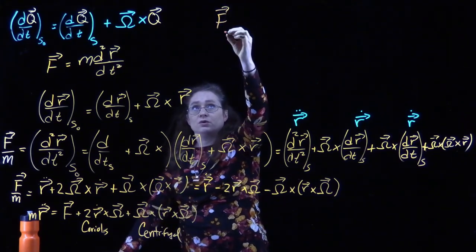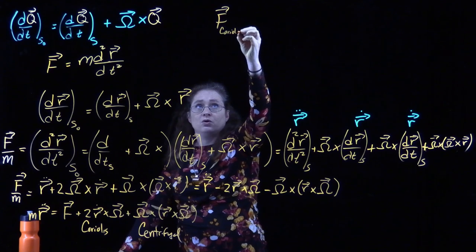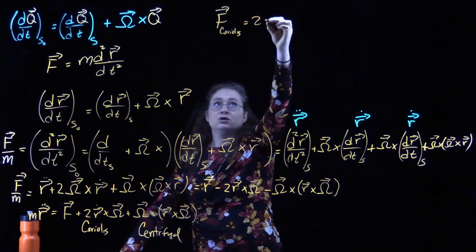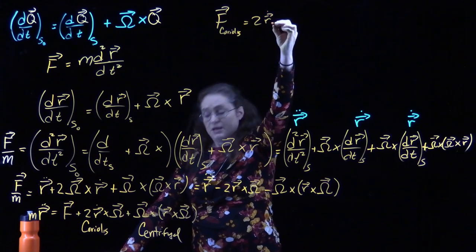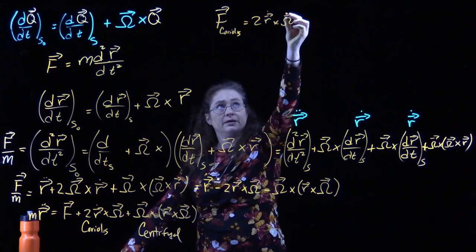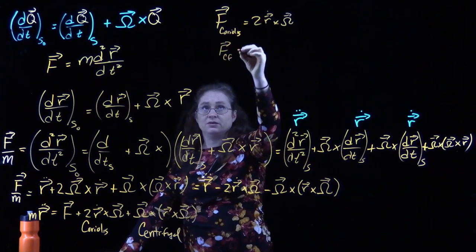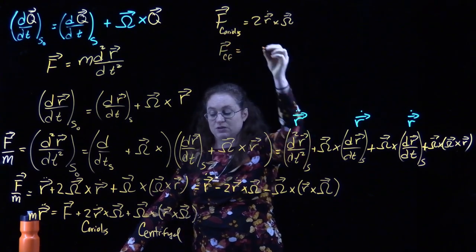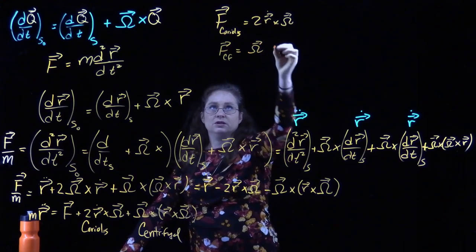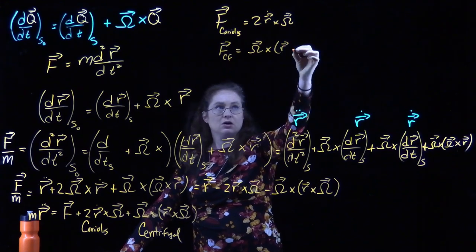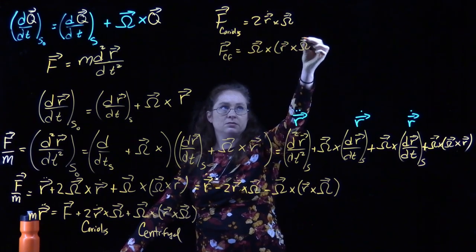Okay, so the Coriolis force is then 2 r dot cross omega, and the centrifugal force, and here the textbook's abbreviation is not so awful, so we'll just use it, is omega cross r cross omega.